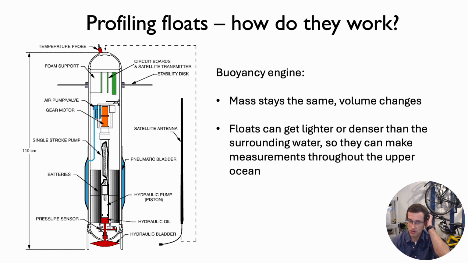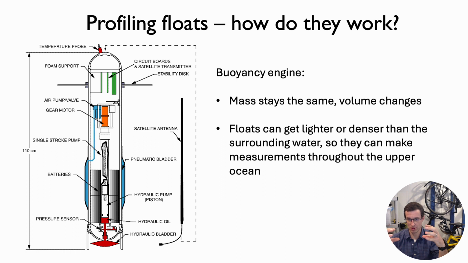These are driven by buoyancy engines, so this schematic is an idea of what's inside these floats and all the different components, but essentially the floats have their mass. The mass doesn't change, but they can pump hydraulic fluid in and out of their pressure chambers.